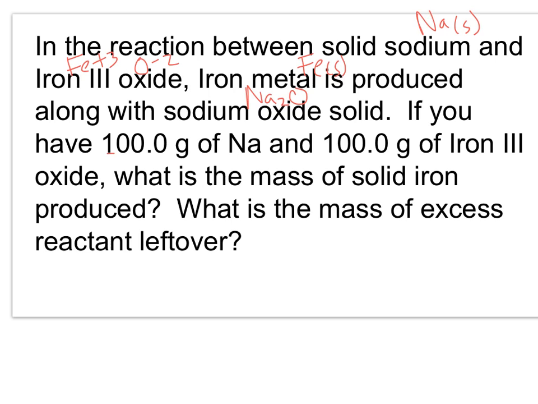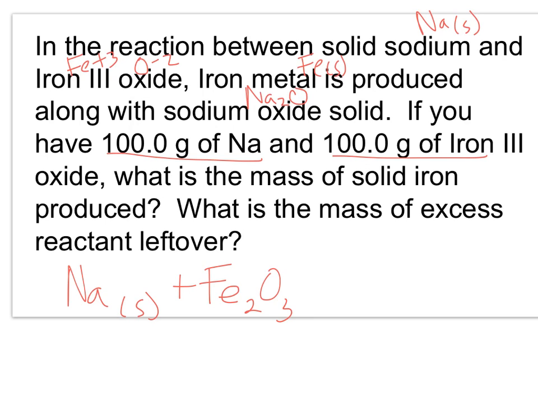If I have 100 grams of sodium and 100 grams of iron 3 oxide, what is the mass of solid iron produced, and what is the excess reactant left over? So my reaction is going to look like this, right? I have to write down my reaction.